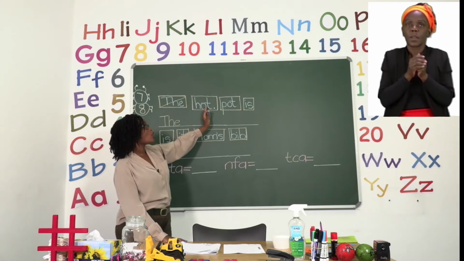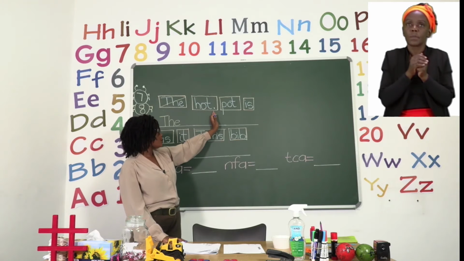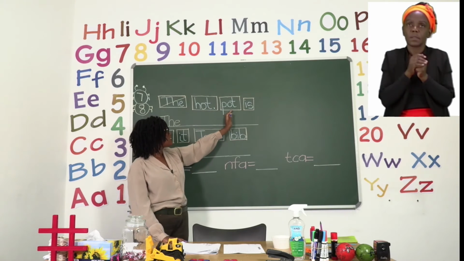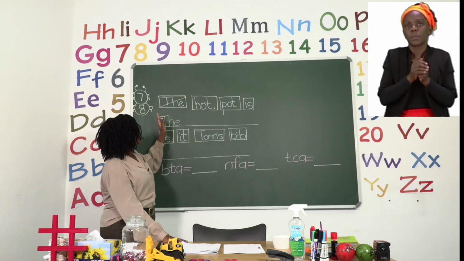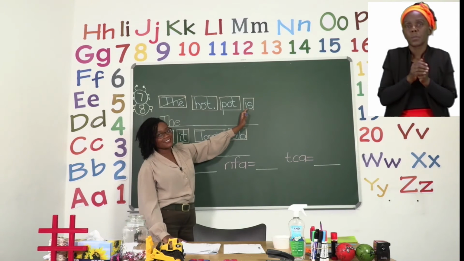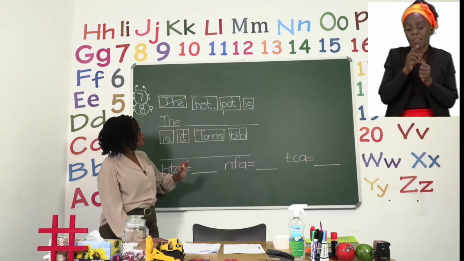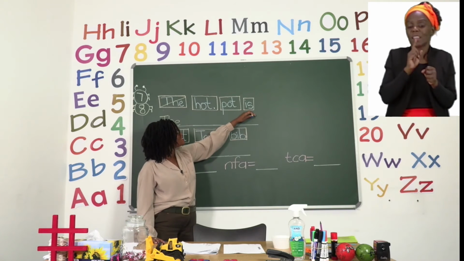We have the word hot with the full stop. Then we have pot and is. Now we can't say the is. It doesn't make sense. So we're not going to use the word is.